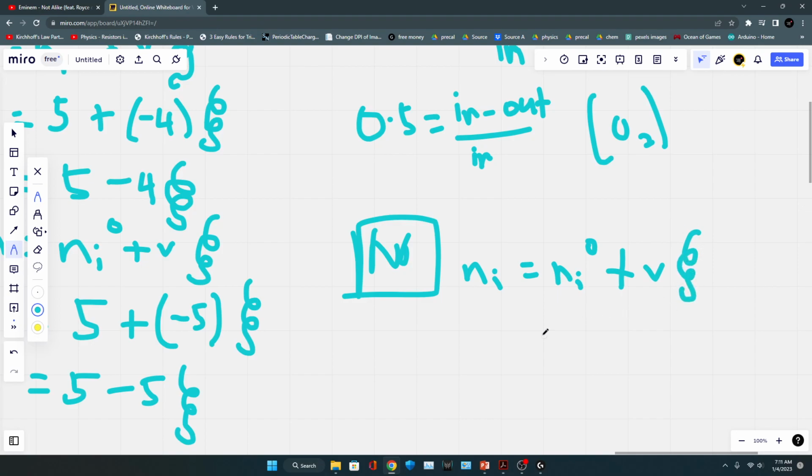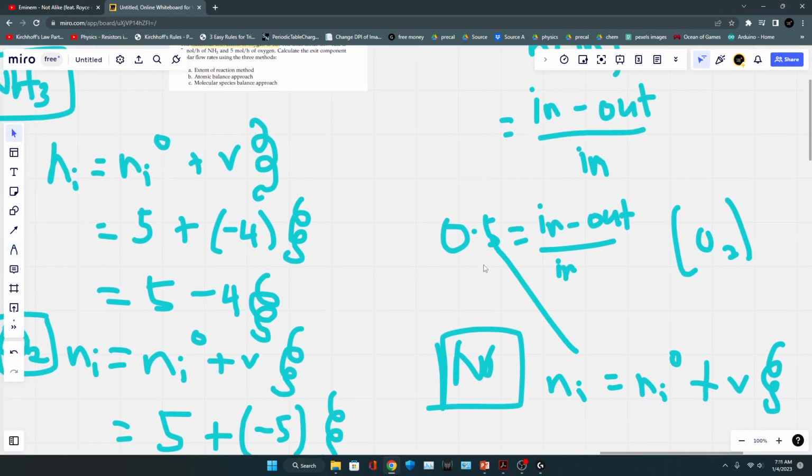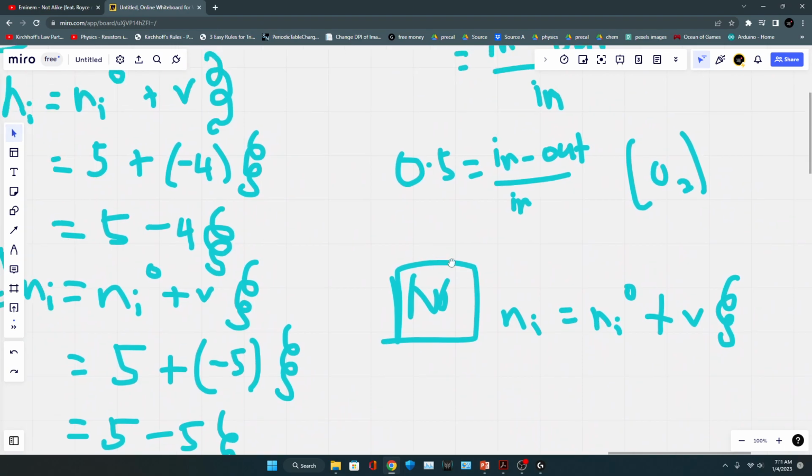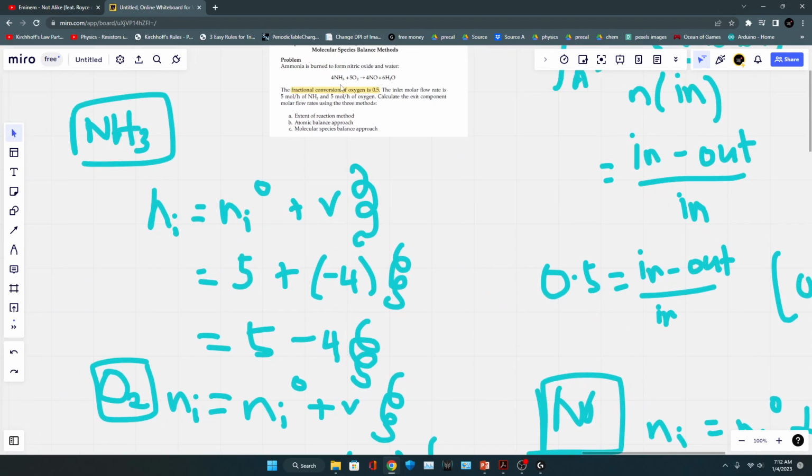Nu is the stoichiometric coefficient of NO. As we can see here, there is no NO or nitrogen monoxide in the inlet stream.